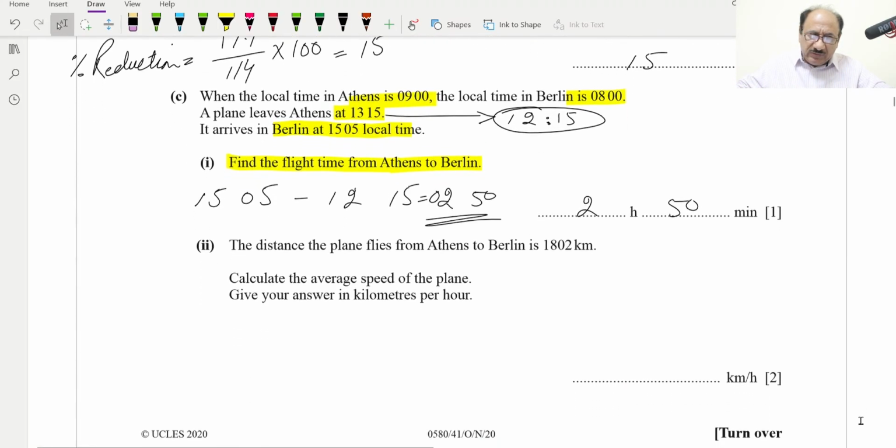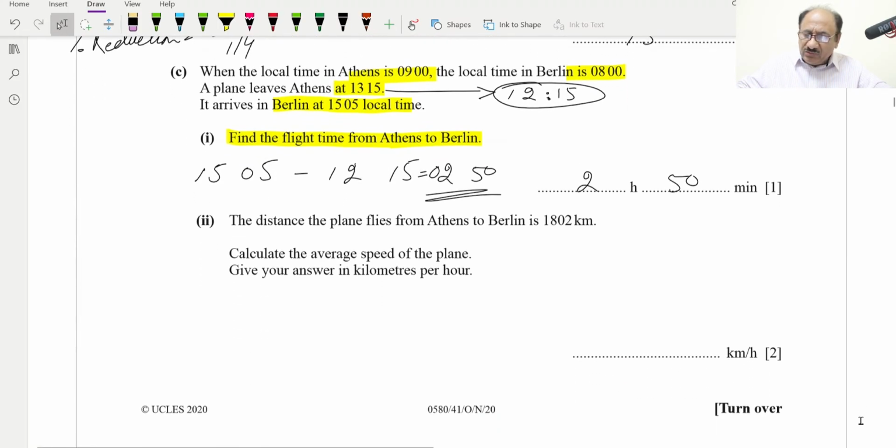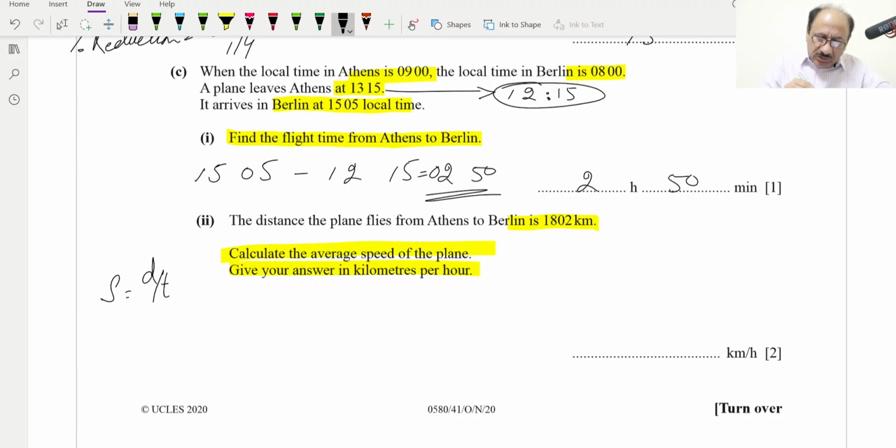The distance the plane flies from Athens to Berlin is 1802 kilometers. Calculate the average speed and give your answer in kilometers per hour. So what we will do, we will divide. We know speed is equal to distance over time, and we have to calculate average speed.